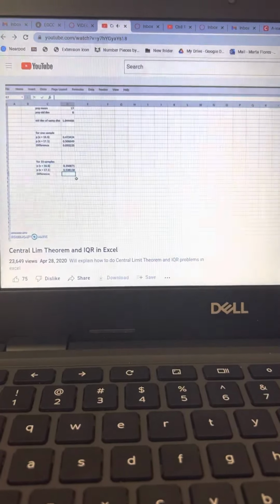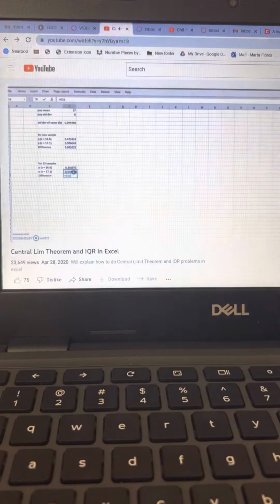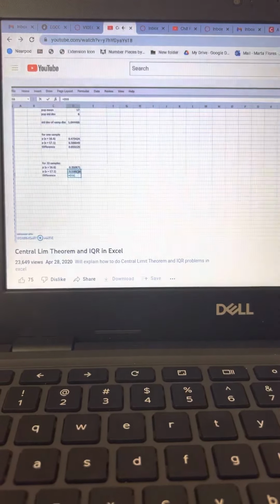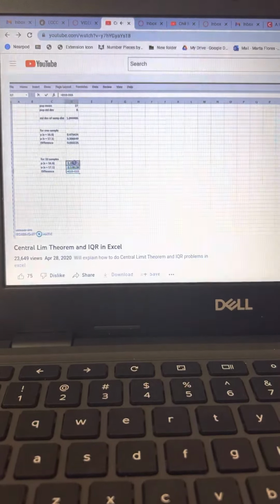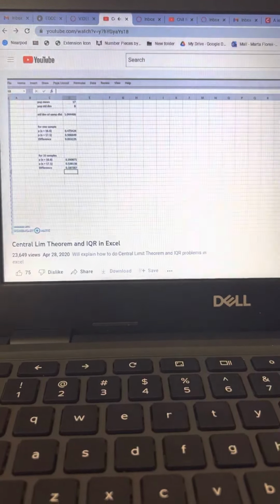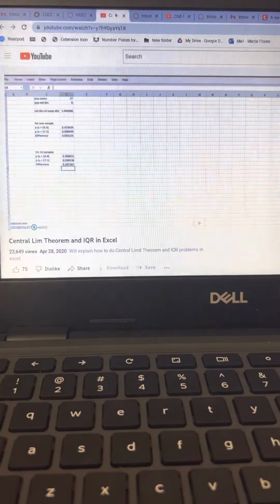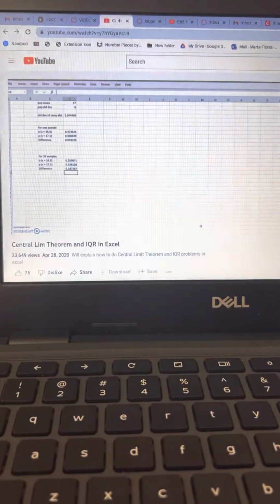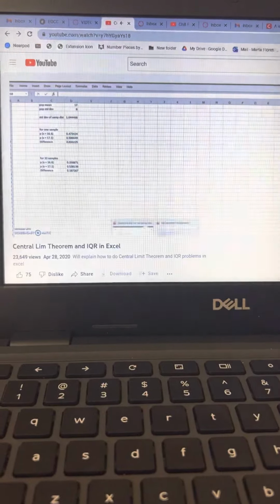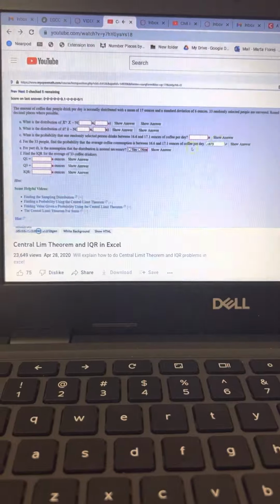You always have to hit equals when you're doing a calculation: equals this cell minus that cell. There's going to be your answer, 0.1873.